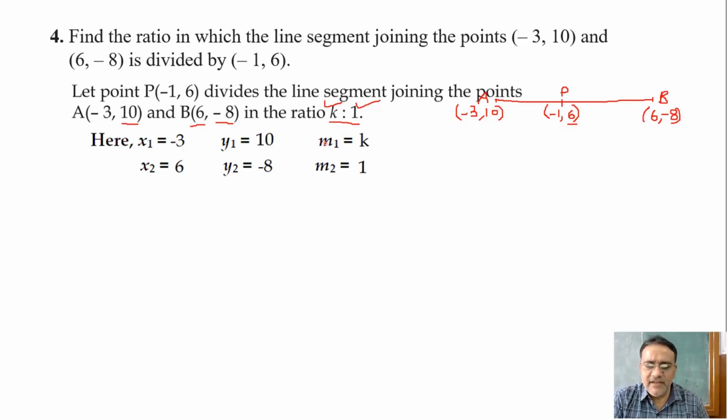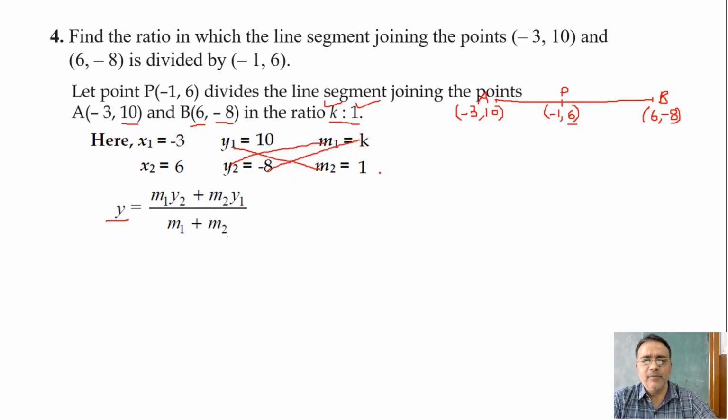So y coordinate का formula देखो, m1 y2 plus m2 y1 upon m1 plus m2. So this is the formula. Okay, and the value of y is given 6, and the right hand side now we have to calculate. So what we are going to do, k into minus 8 plus 1 into 10 upon k plus 1.